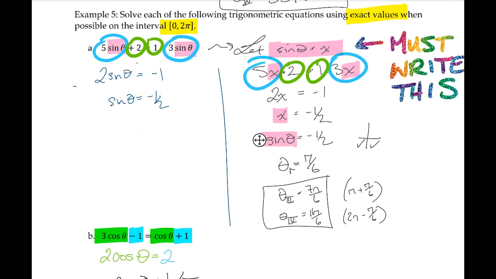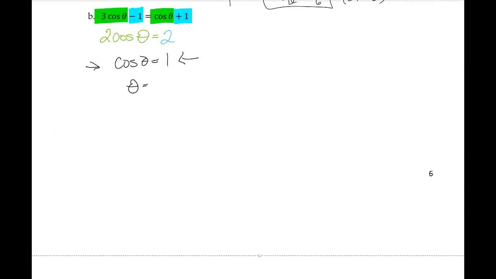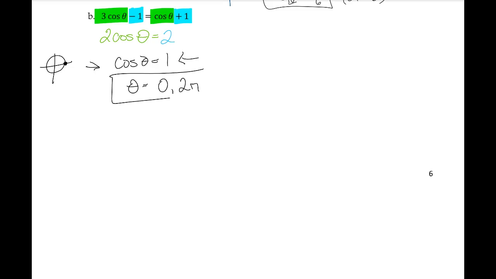So we need to double check our domain. We're inclusive of 0 and of 2 pi based on the fact that they're using square brackets here. And cos is our x value. So x is positive 1 here on our unit circle, which is both 0 and 2 pi. So I will list both as options.